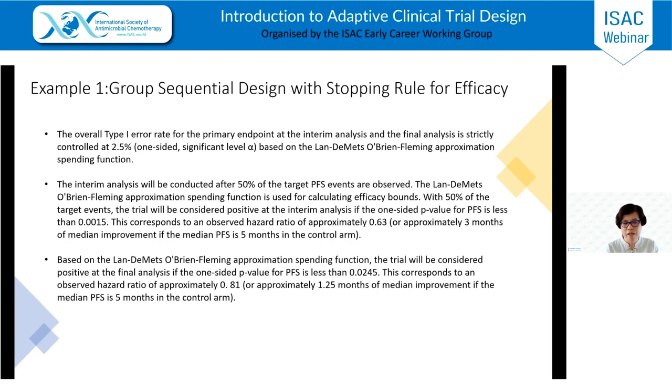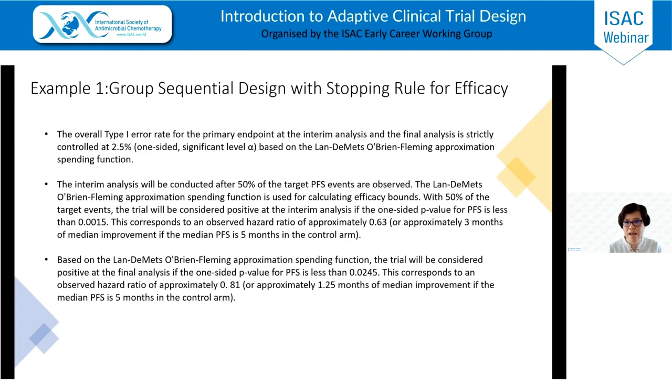You cannot do it like this: at the first interim analysis I look and use this 0.05, then maybe at a second interim analysis I test and use the alpha 0.05 again, and at the final as well. You cannot do that.